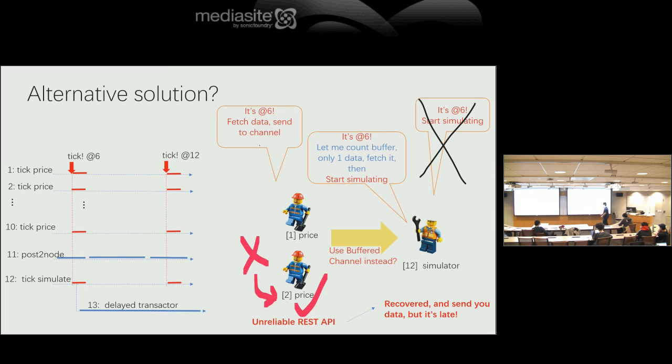For example, if this guy at first is down, but then it recovered and sends the data to the simulator. But the simulator has already collected all the data from the buffer, so it's too late. It missed this guy's mail.